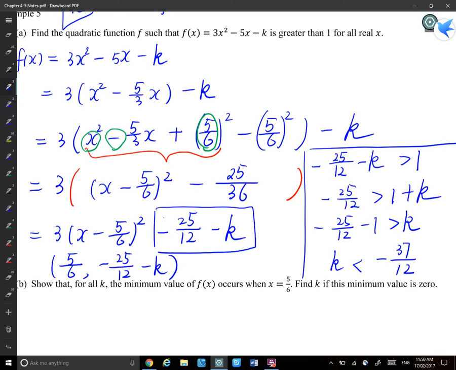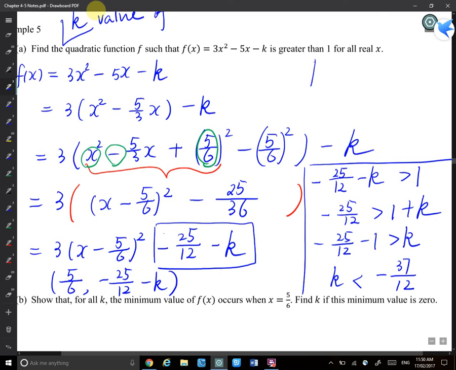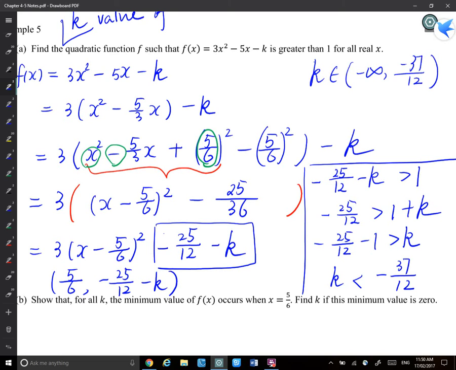So k belongs to negative infinity, negative 37 over 12. That should be the k value. So k should be in that domain to give you all values greater than 1, because if the minimum point is greater than 1, then all the rest of the points will be greater than 1.